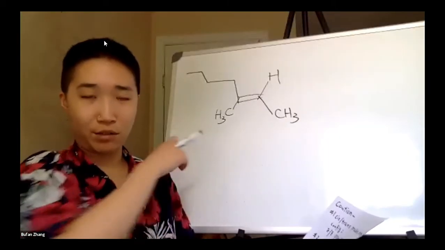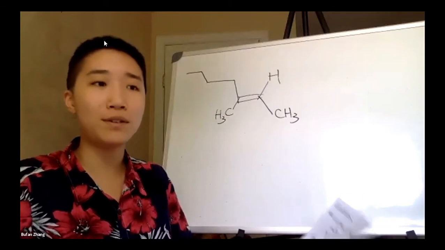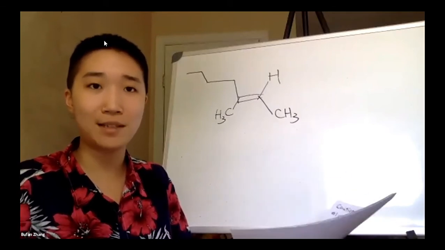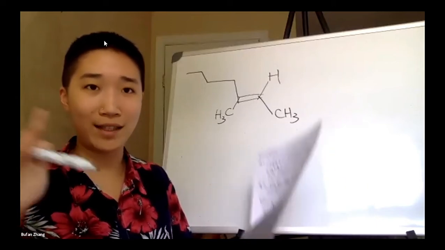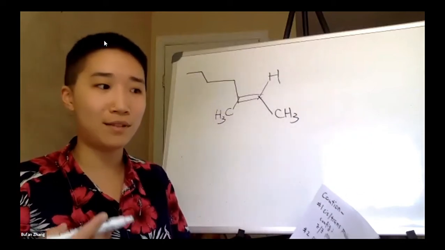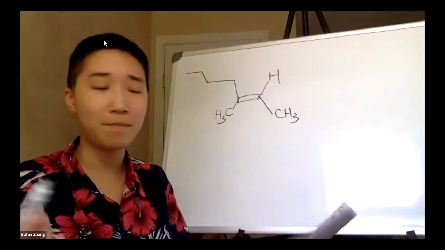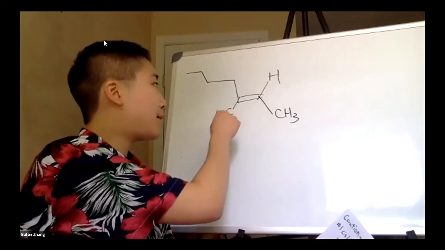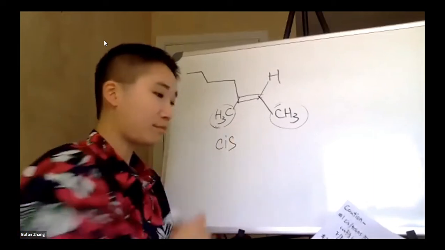Here we have 2 methyls. They're the same thing. If we're just focused on the 2 methyls, do you think it's cis or trans? It's going to be cis, right? So if you encounter a simple alkene that has 2 groups that are distinctively the same and they point the same direction, that's going to be cis. That's the confusing part about assigning cis versus trans, because what are you looking at? If we focus on the methyl groups, it is going to be cis.